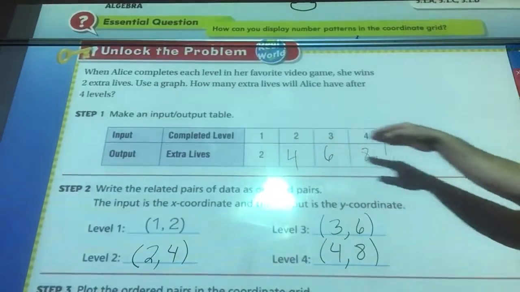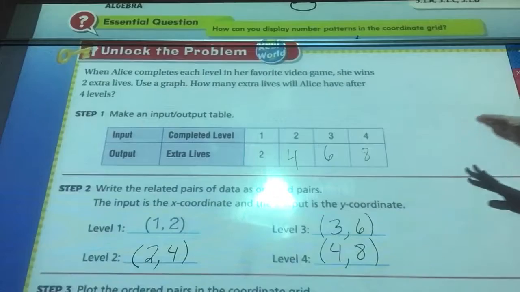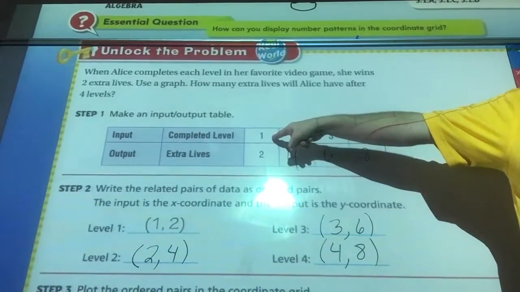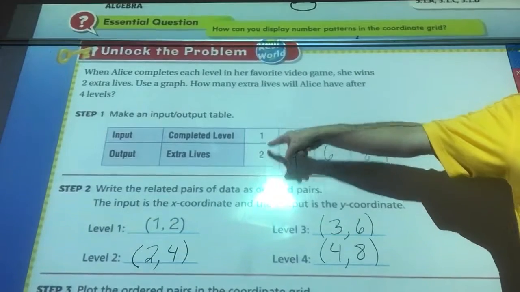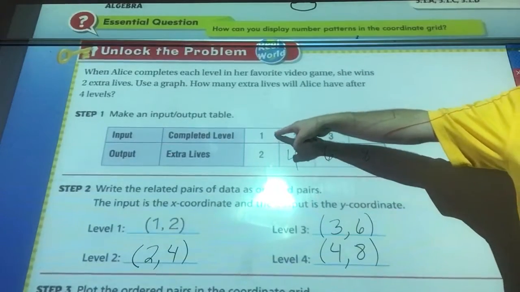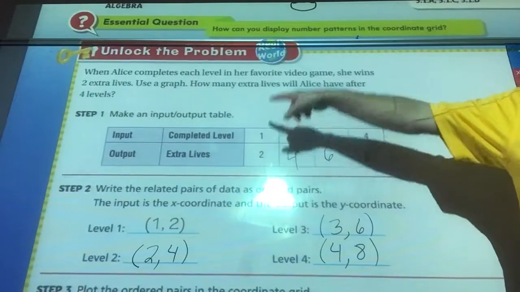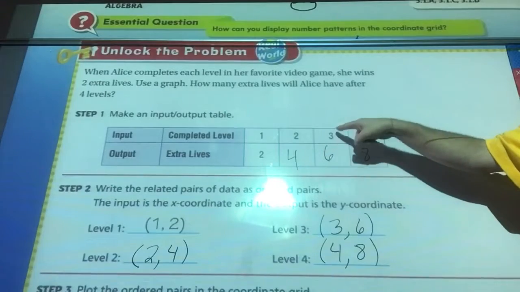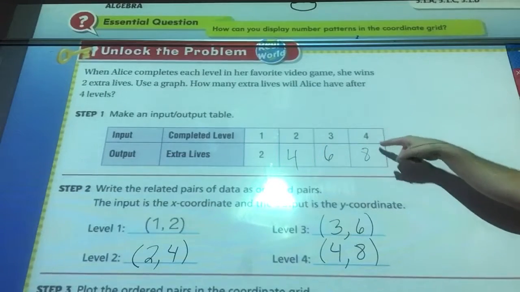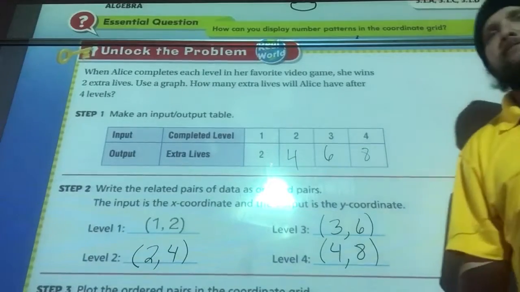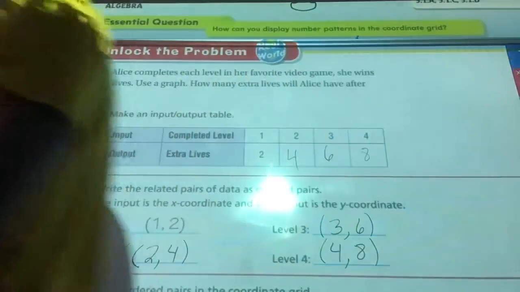So this is a multiplicative pattern, which means you multiply something by the input to get the output. And as Lainey just pointed out, we're multiplying the input times 2 because she gets 2 lives every level. Input times 2. So it's a multiplicative pattern. It's a hard word to say.